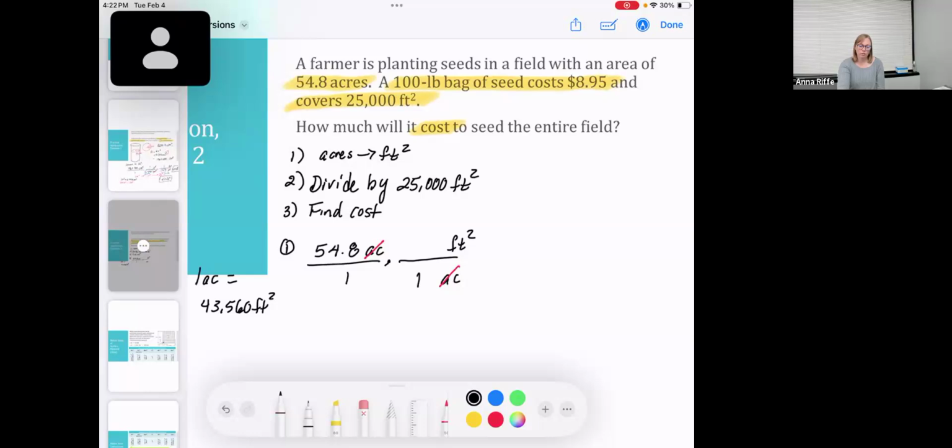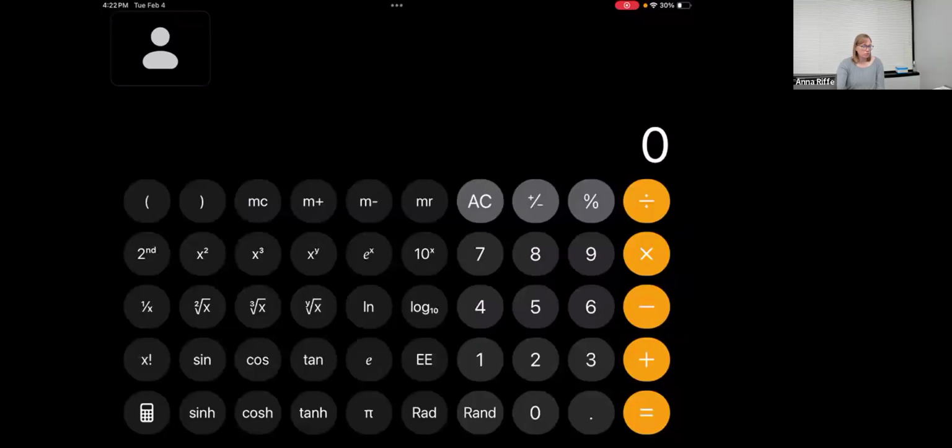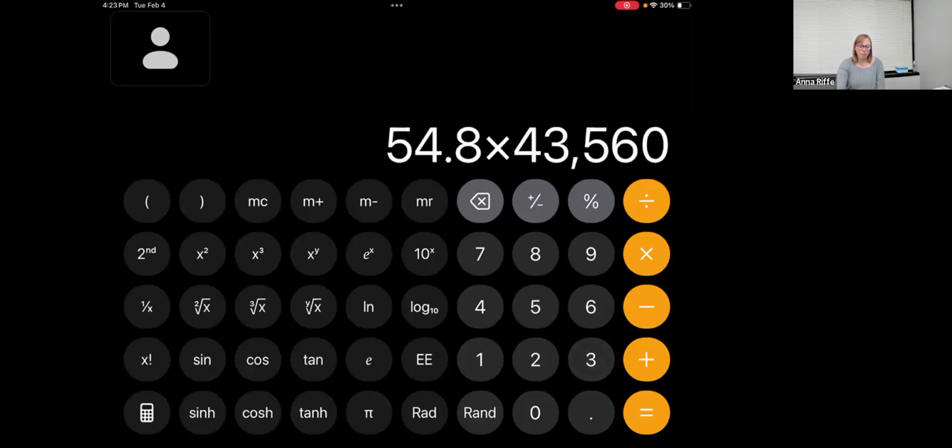1 goes with the acres. 43,560 goes with the square feet. So it looks like I'm going to multiply. 43,560 is on top. So let me take my 54.8 and multiply that by 43,560.